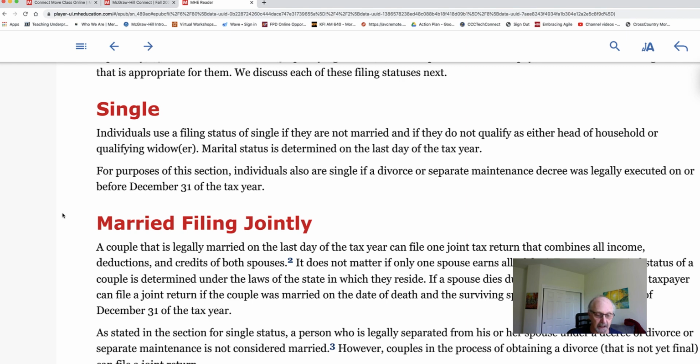Joint filing is permitted even though only one spouse earns all the income. A surviving spouse can file jointly if he or she has not remarried as of December 31st of the year the spouse died. Or if one of the spouses is a non-resident alien, generally a joint return cannot be filed. So that's married filing jointly.